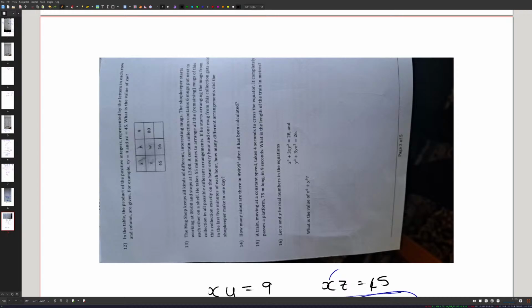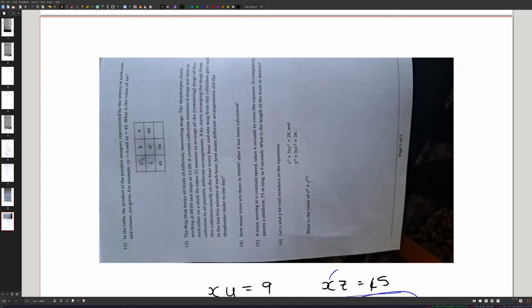It takes 55 minutes to arrange all of the remaining, but I mean, we haven't done it. Okay, whatever. I'll assume that there's a reason for that word being there, because I would have assumed all 6 mugs of this collection in all possible different arrangements. If he starts arranging the mugs from this collection exactly on the hour every hour, and 1 mug from this collection gets sold in the last 5 minutes of each hour, how many... okay, so that's why the remaining is there.